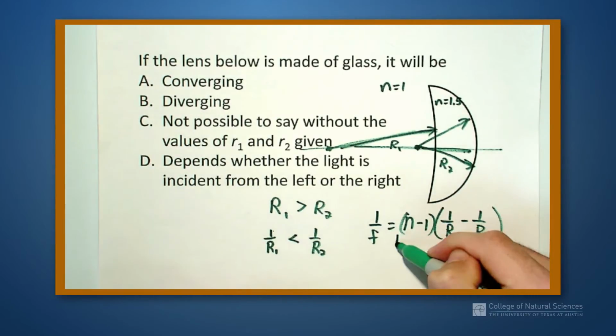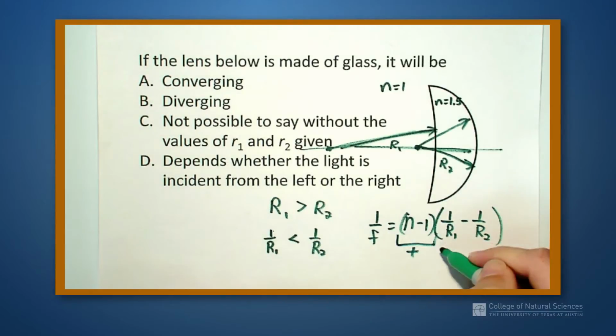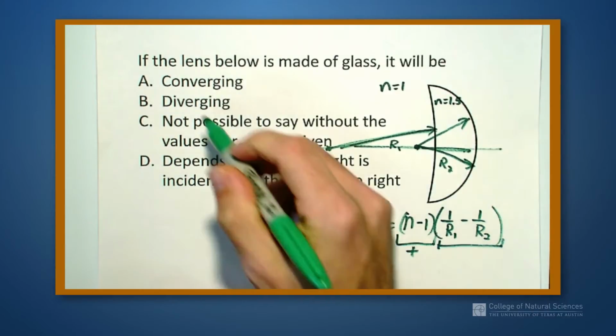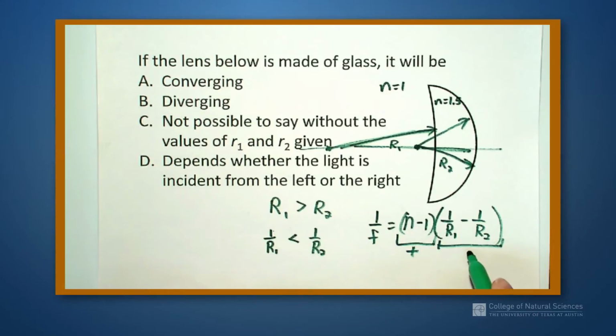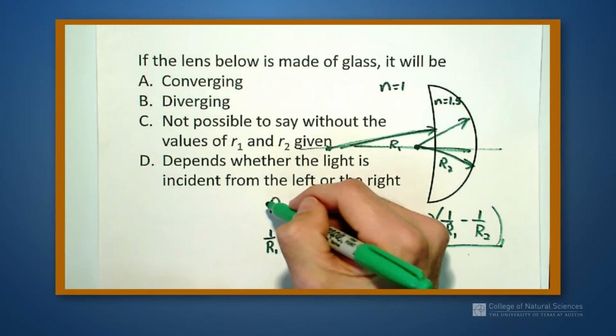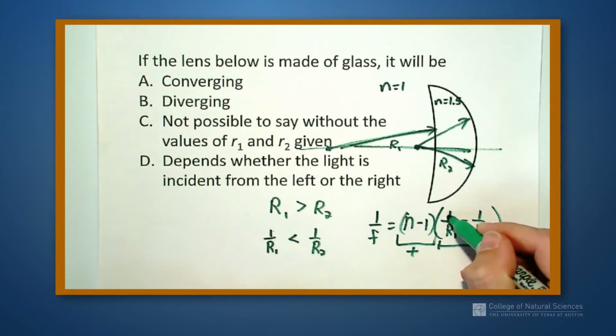This value right here is positive, and we'll know if it's converging or diverging based off of whether this is positive or negative. Well, since R1, our first surface, is actually a negative value, this is a minus value.